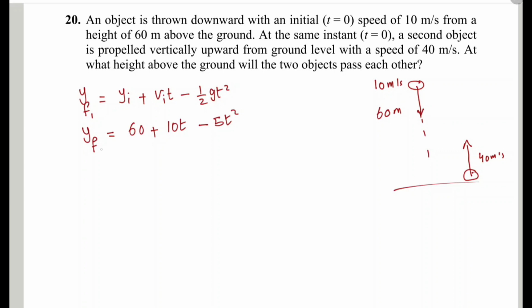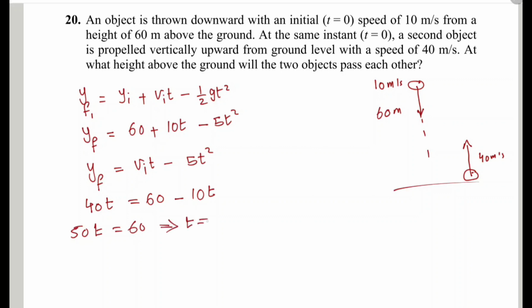Now for the other part, y final equal to the initial velocity times t minus 5t square, or 40t minus 5t square equal to 60 plus 10t minus 5t square. So 50t equal to 60, and from this t will be equal to 6 over 5.